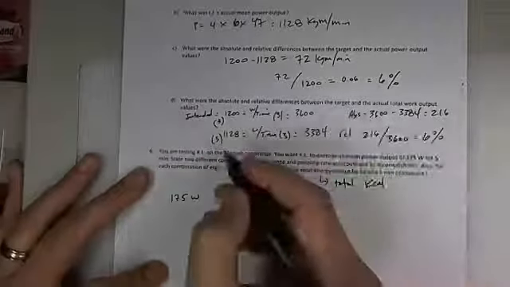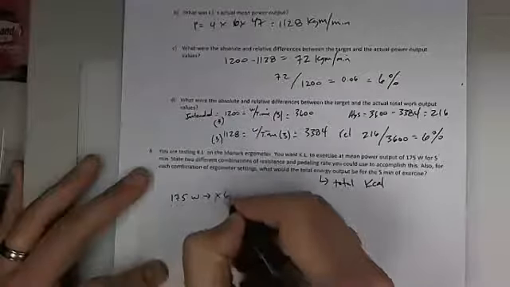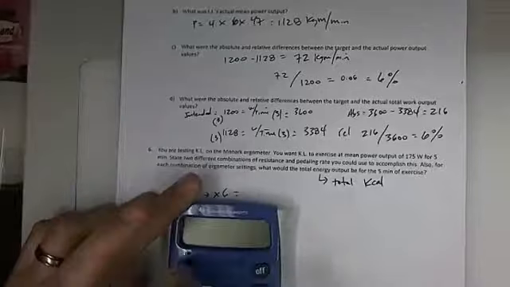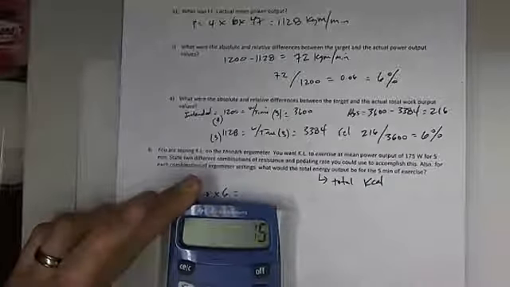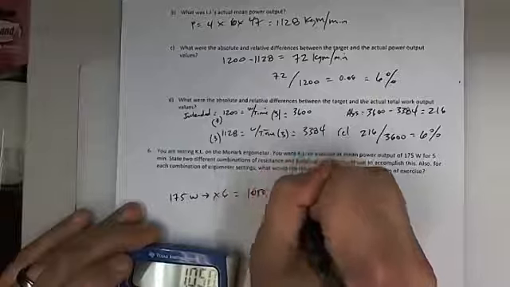So we need to be working at 175 watts. The first thing that we need to do is get that into kilogram meters per minute. So we'll multiply that by 6, which is 1050 kilogram meters per minute.